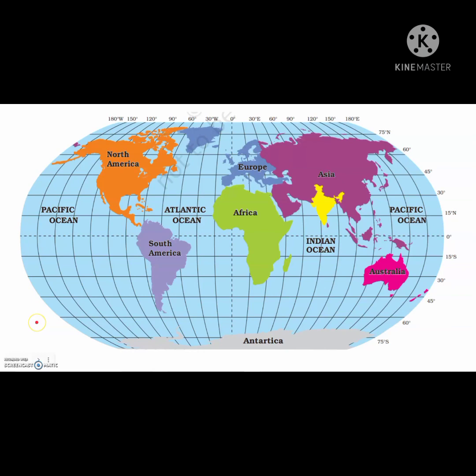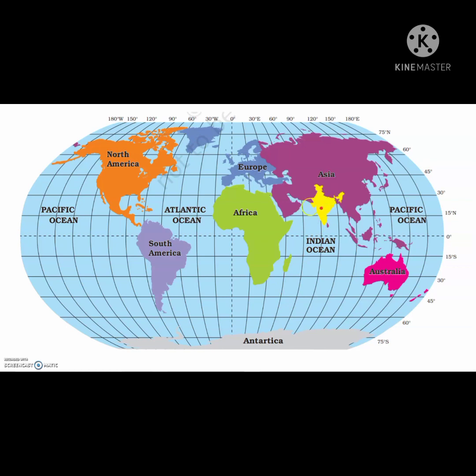What is the location of our country? Let us understand the location of India in the world map. Now we can see the world map. The globe can be divided into northern hemisphere and southern hemisphere, and India is located in the northern hemisphere.